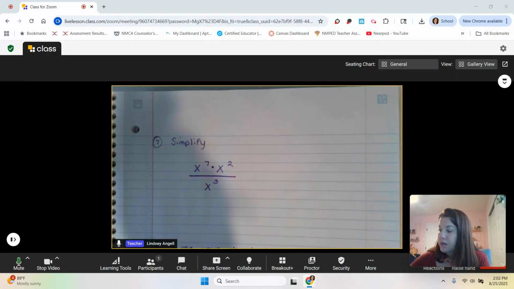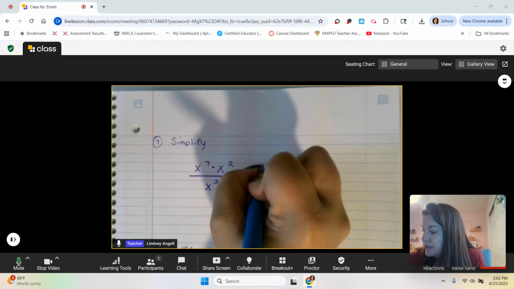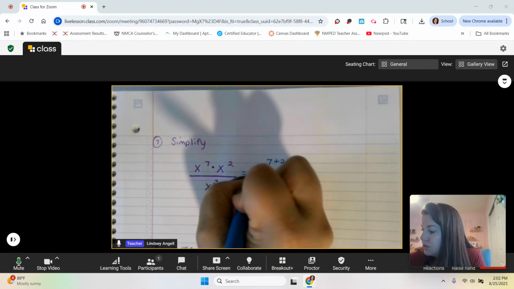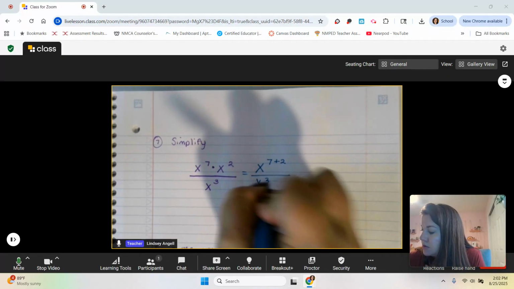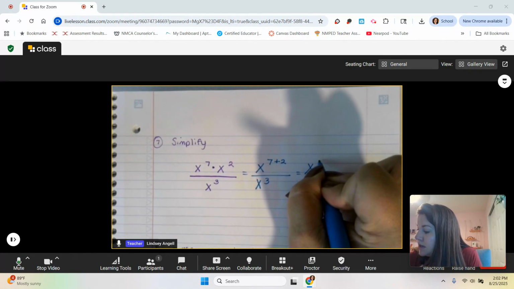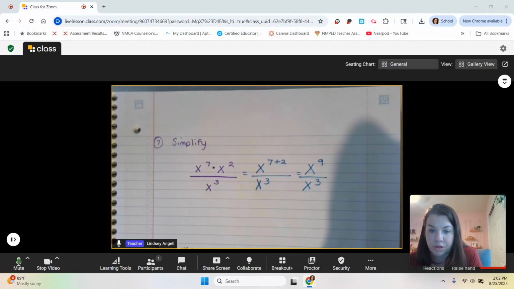Because of the product rule, I can add my exponents because those bases are the same. So this is the same thing as saying x to the 7 plus 2 over x to the 3rd. Well, 7 plus 2 gets me x to the 9th over x to the 3rd.